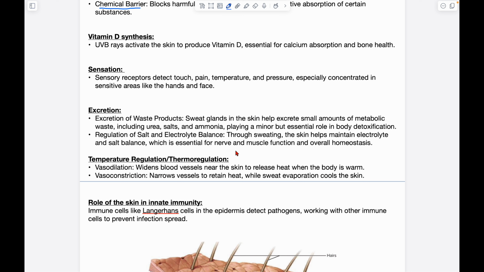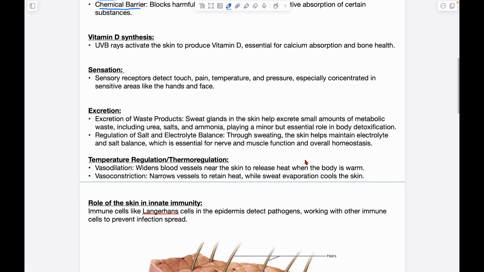And essentially the integumentary system helps maintain electrolyte and salt balance, and this is just essential for nerve endings and your skin, hairs, etc., to just maintain your body and maintain overall homeostasis.